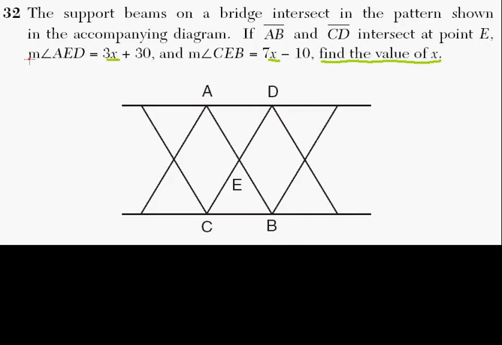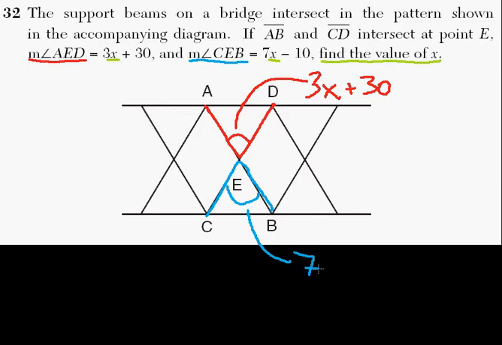So let's trace out AED. AED is here, so that's 3x plus 30. And then we have CEB, so start at C, E, and B, and this angle is 7x minus 10.